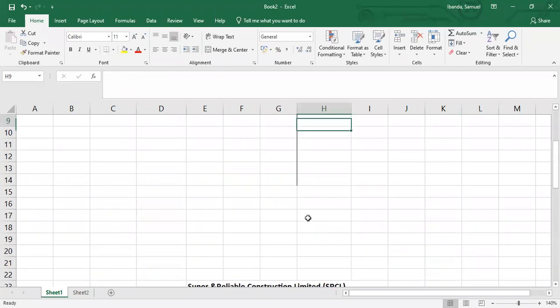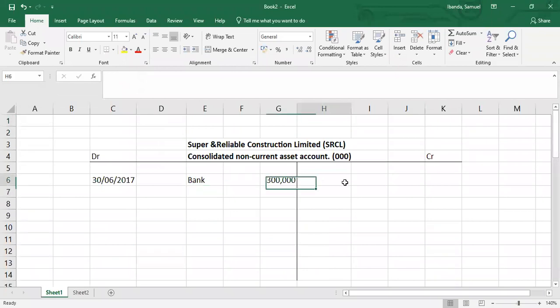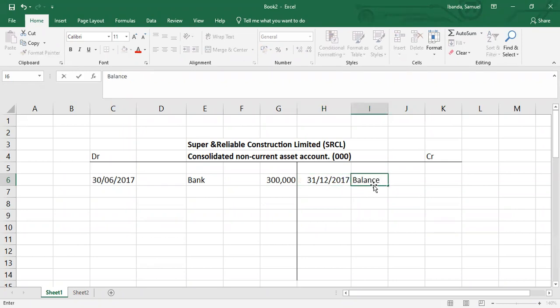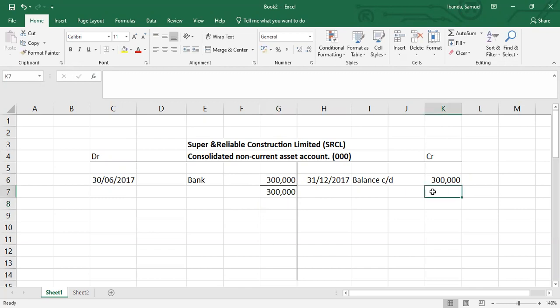I'll do the same and balance off my account here. This is on 31st December 2017, a balance carried down for the same amount. I know it is tedious sometimes, the fact that you balance off an account with a single figure, but we're just trying to make sure that we follow the principles.